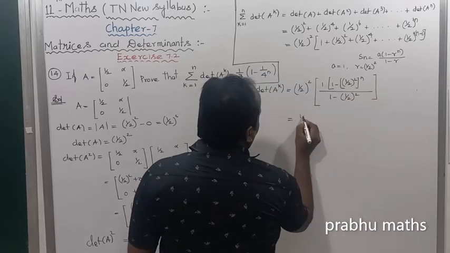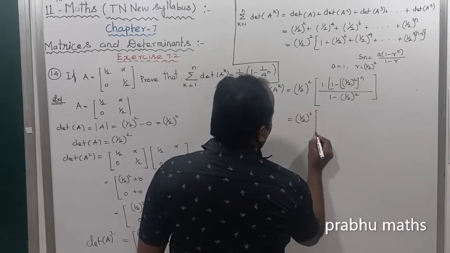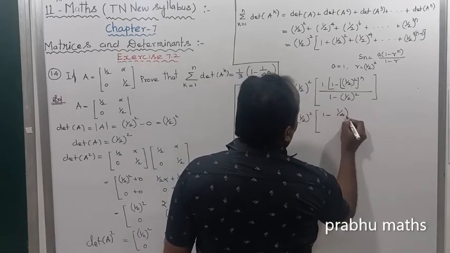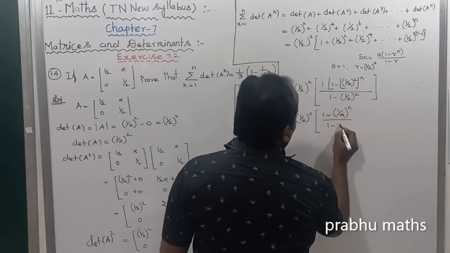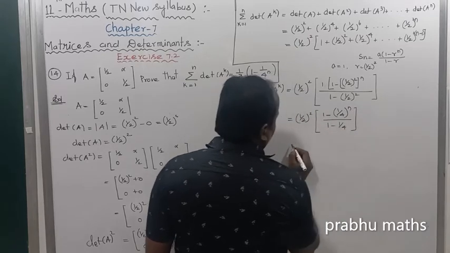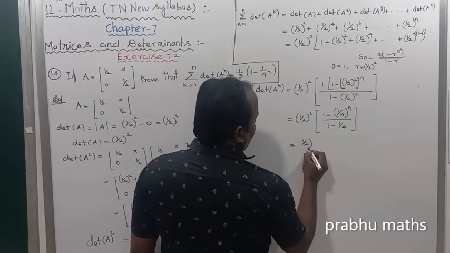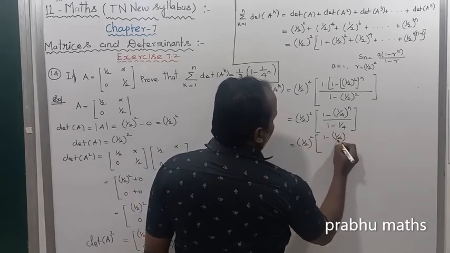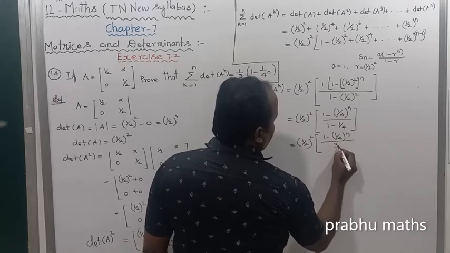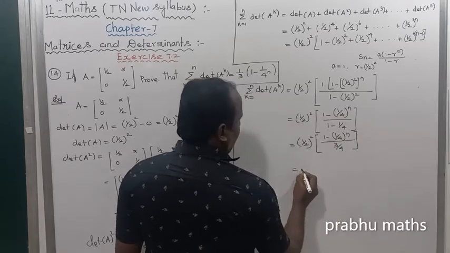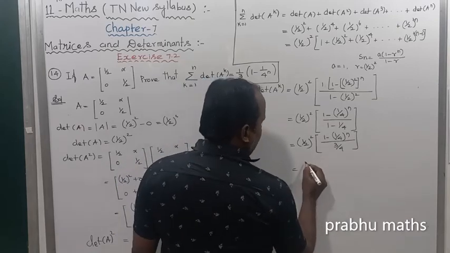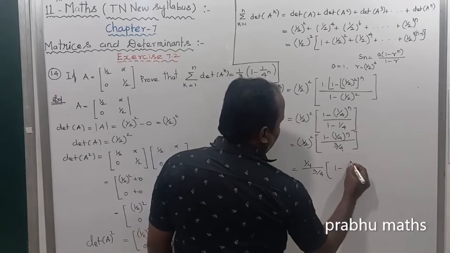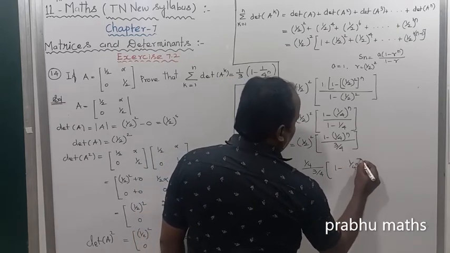So that is equal to 1 by 2 the whole square into 1 minus 1 by 4 the whole power n, divided by 1 minus 1 by 4, which is 3 by 4. So that is equal to 1 by 4 divided by 3 by 4 into 1 minus 1 by 4 power n.